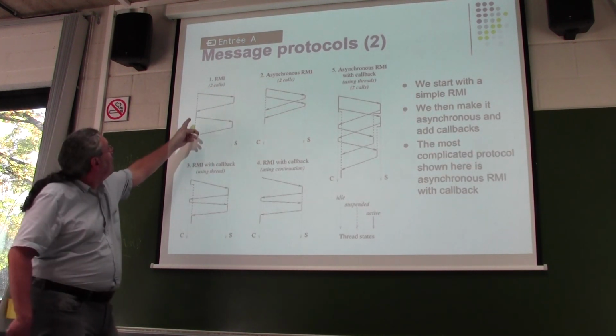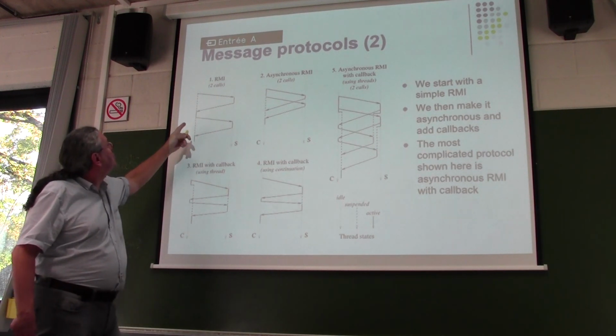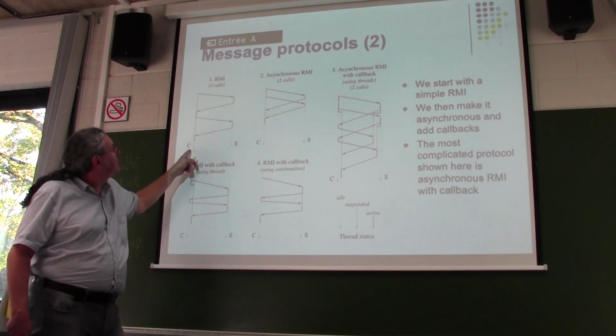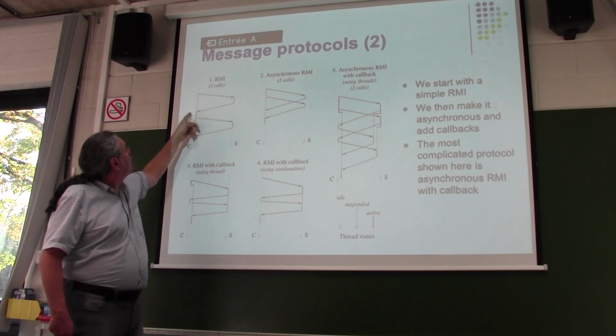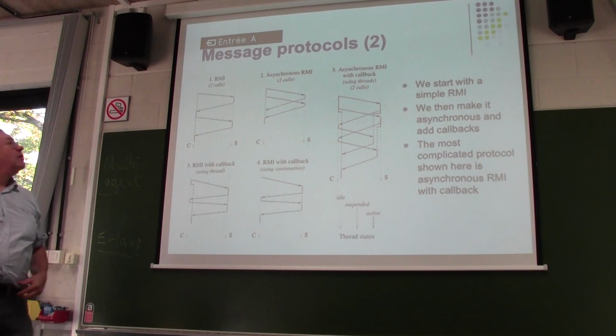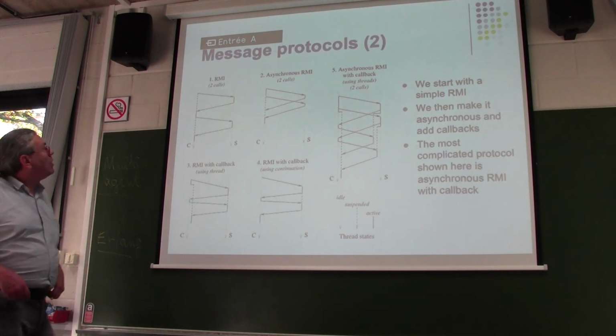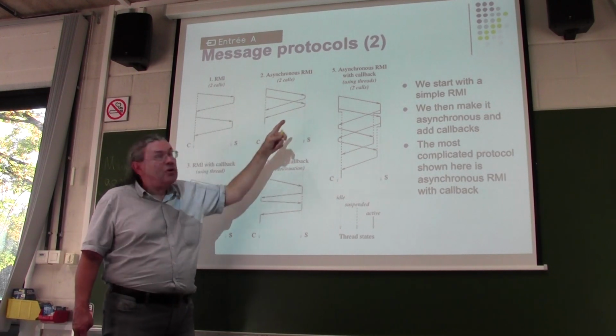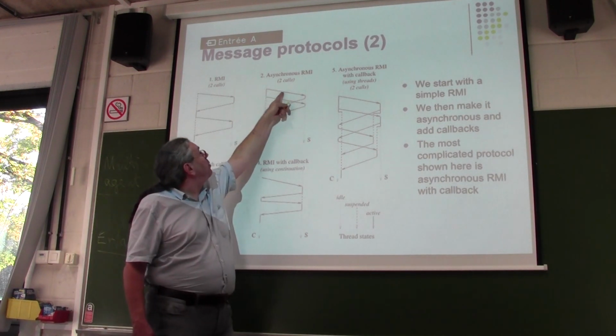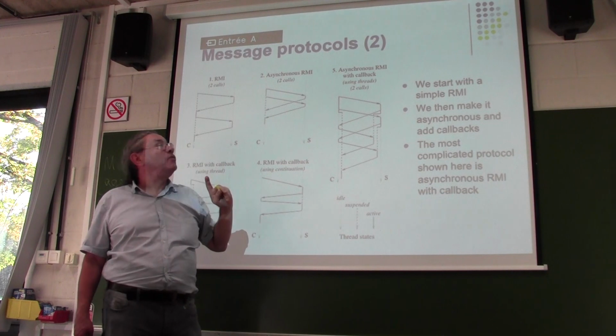So simple protocols, RMI is just two messages. So you have two port objects here, client and server. You send a message to the server and it replies. Okay? We did that. We also did asynchronous RMI. So that's interesting. You send a message, but you don't wait for the reply. You immediately send a second message.